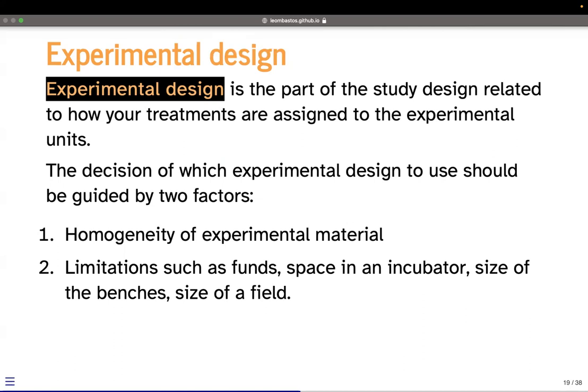And that may not be the same as for nitrogen. Perhaps nitrogen you can apply with a tractor and a spreader on a smaller footprint. And so the experimental design is also going to allow us to handle those limitations of space, especially when different treatment factors are applied at different sizes of experimental unit.